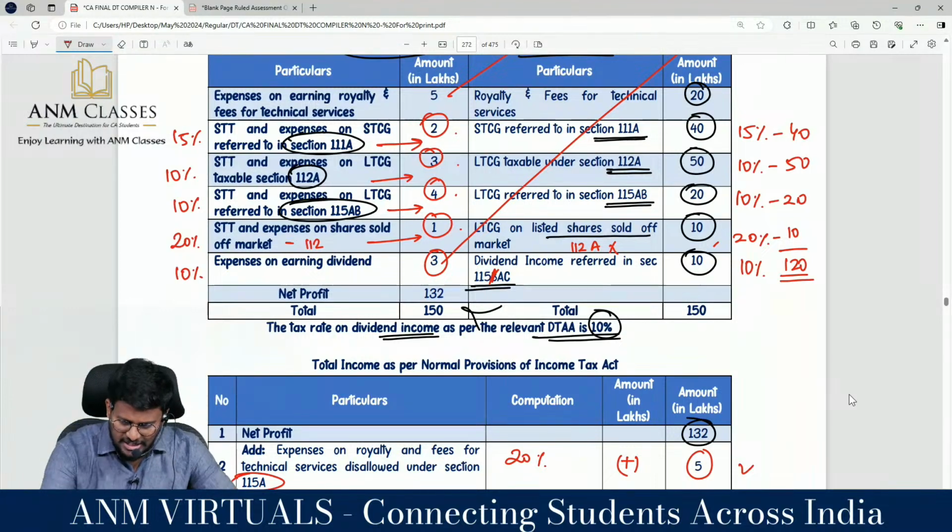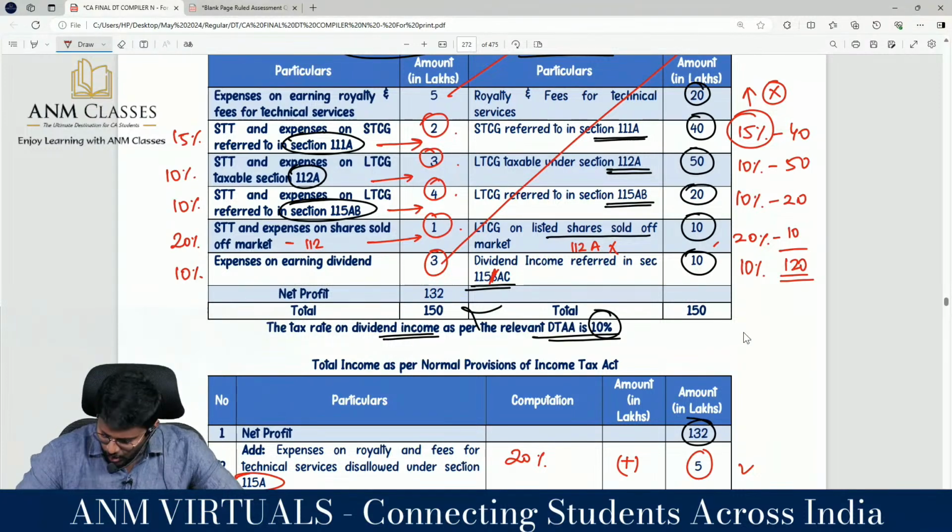What are the LTCG taxable at concessional rate? STCG 15%, it is same with the NSR. MAT should not reduce. Whereas 112A is 50 lakhs, 115AB is 20 lakhs, and listed off market, since it is going to be taxed at 10% without indexation.